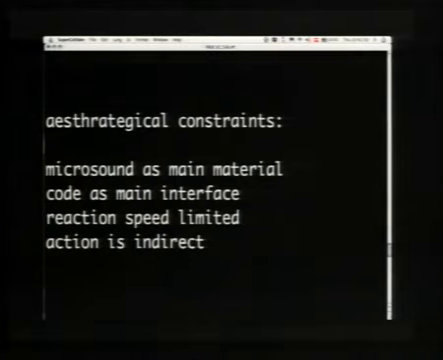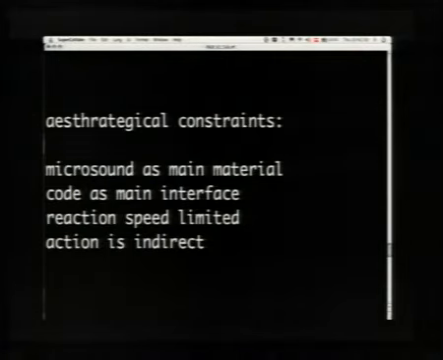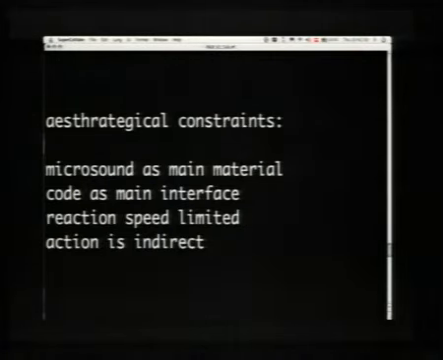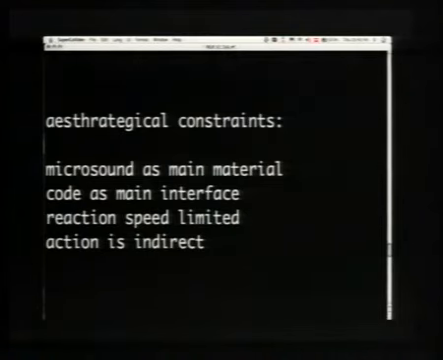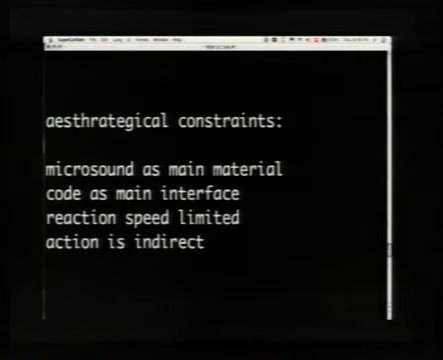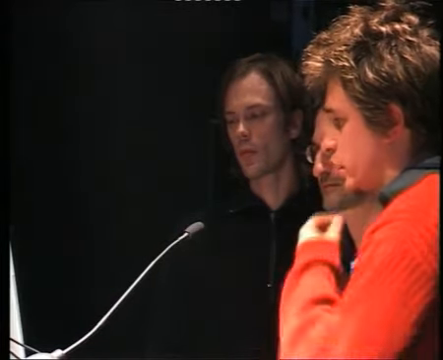The code as our main interface, of course, is a big limitation. You will hardly find any serious musician on stage doing a performance in a concert place acting with code, because it's very slow. That's a big downside. But on the other hand, what we get out of it is perfect flexibility.